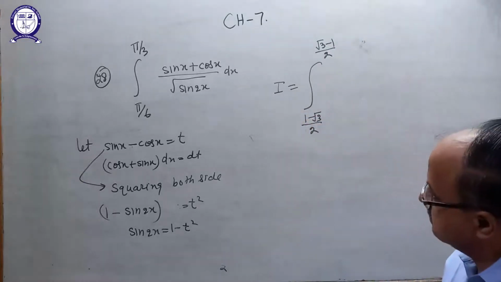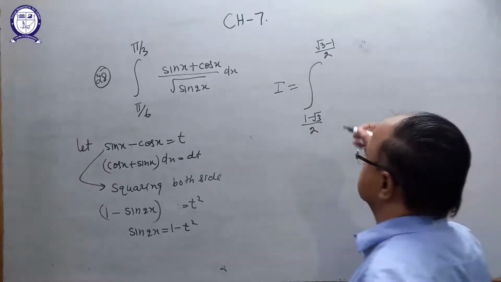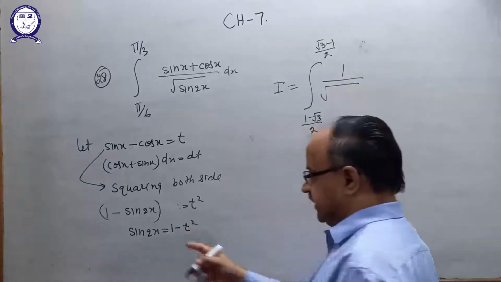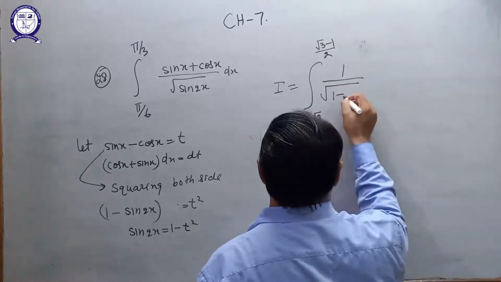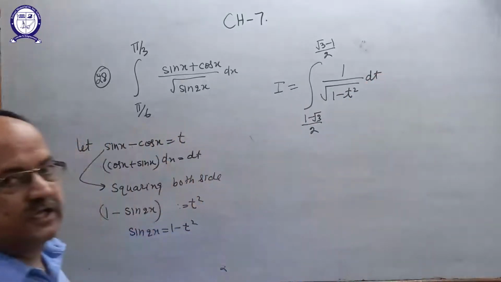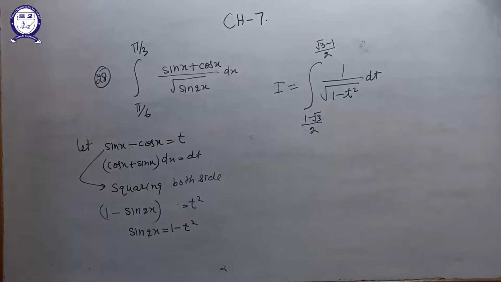And cos 60 is 1 by 2. Correct. 1 upon root, put the value of sin 2x, 1 minus t square dt. Check again. Put the value of sin 2x, 1 minus t square, and in place of sin x plus cos x dx, we can write dt, and the limit will be changed.